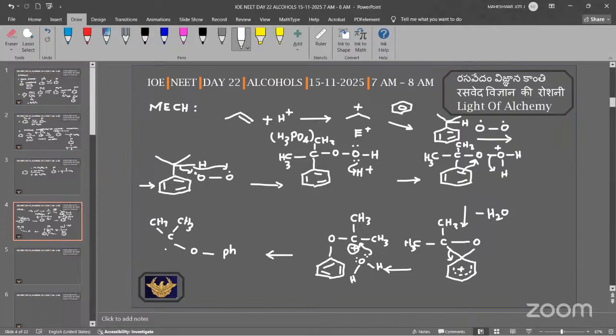Now the isopropyl secondary carbon is bonded with the water oxygen. Oxygen is losing its electron density, it gets a positive charge, right?